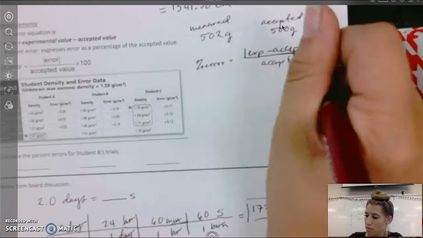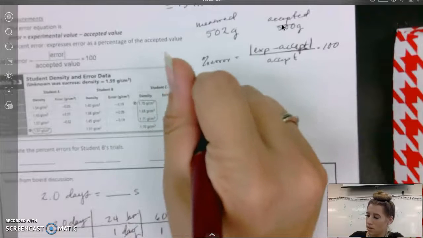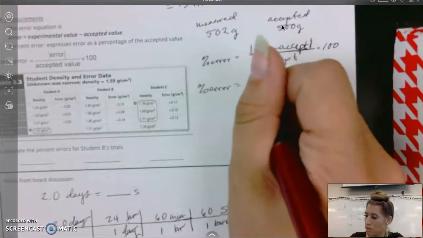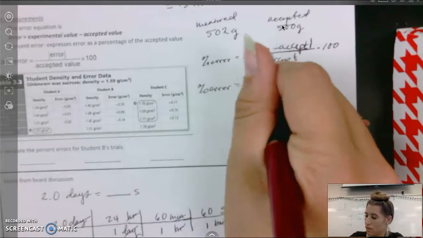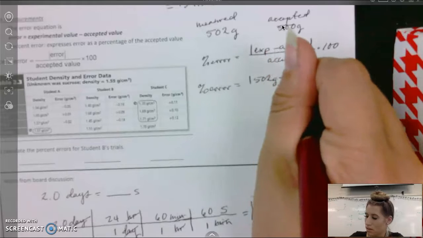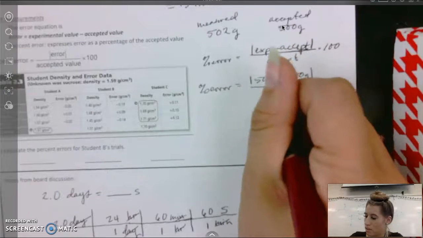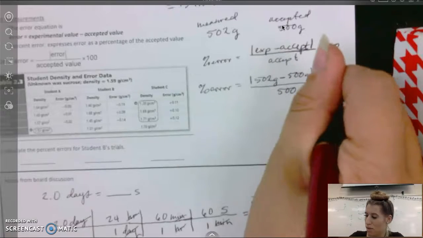And then we will times by 100. Okay? So with our numbers that we had above, the experimental was our measured, which is 502 grams, and we're going to minus that from the accepted, which is 500 grams. Okay? And we'll divide that by the accepted, which is 500 grams. And then finally we'll multiply by 100.